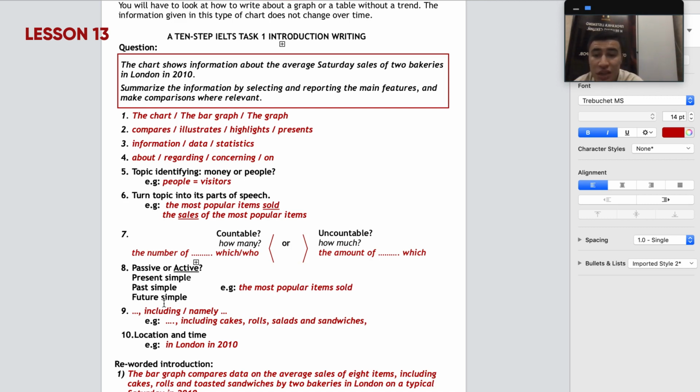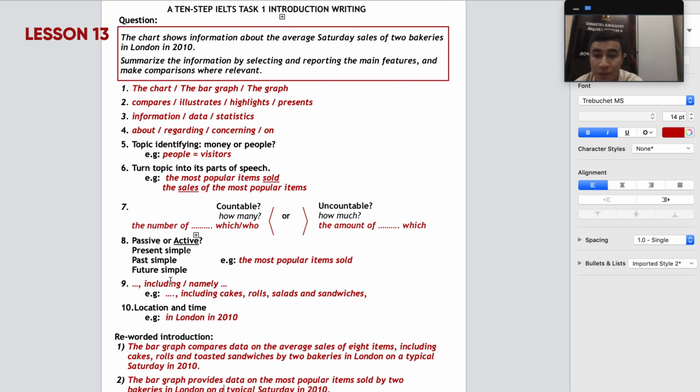You might be given a prediction as well. You will have to use future simple or present simple if the graph is given in a current time.